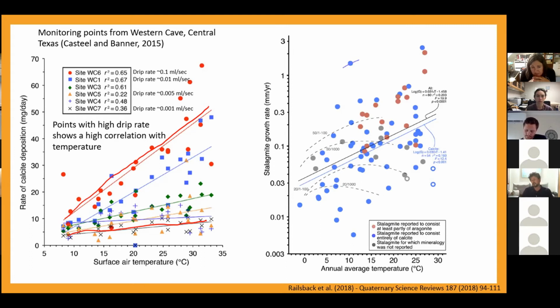Because during the last 3,000 years, the mean annual temperature has not varied a lot, we can do this kind of comparison, and he collected speleothems from different parts of the world, from South America, Europe, and Africa, and whatever. And we can see a reasonable agreement between annual temperature and stalagmite growth.